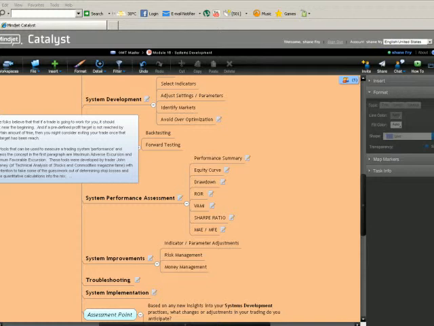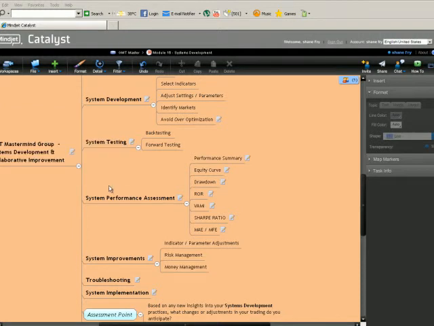The system improvements, as I said before: once you've gone through and you're happy with your strategy, it's tested up well in back testing and it's going well in real time, then this is where we're at with our strategy. It's how can we improve what we've already got.